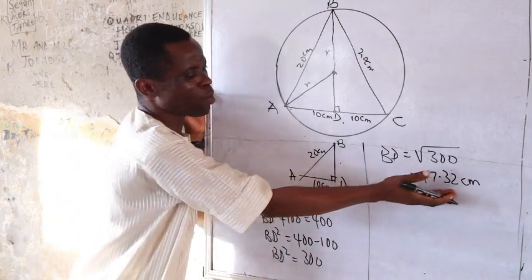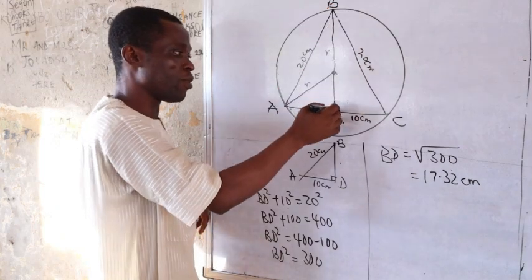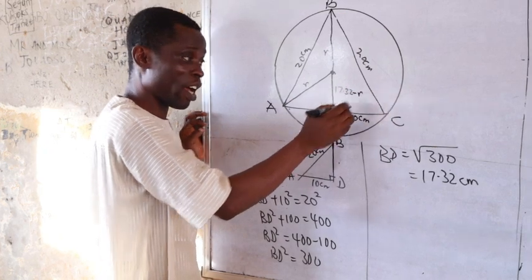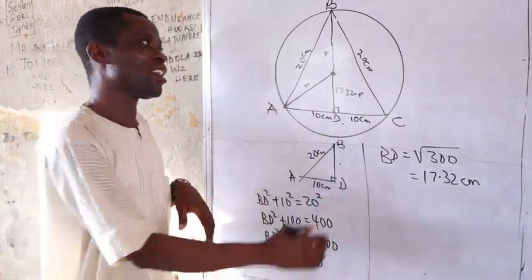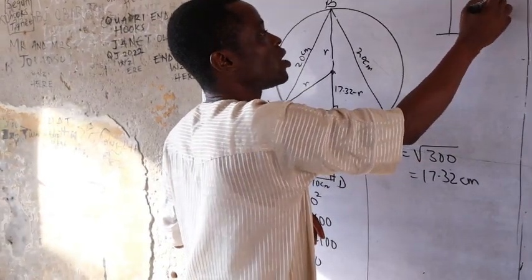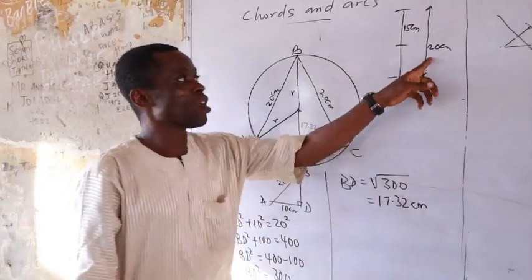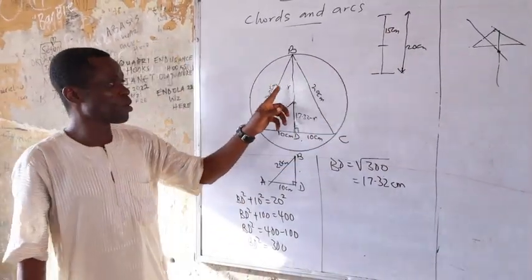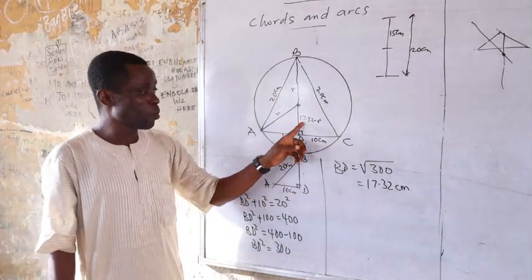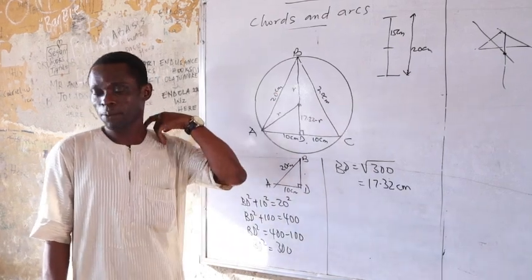If BD is 17.32, everything that we have here, and if this one is R, this is 17.32 minus R. You know that if the full length of something is 20, and this one is known as 15, the remaining one is 20 minus 15. So if this one is known as R, and the full length is 17.32, to get this, it's going to be minus R. My answer will be in terms of R.